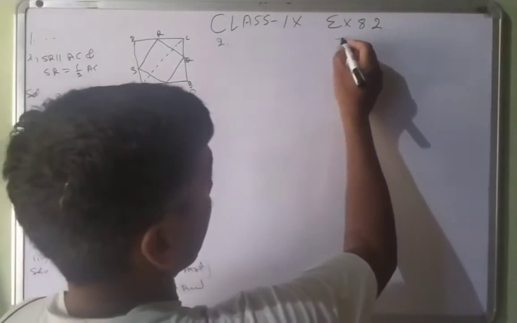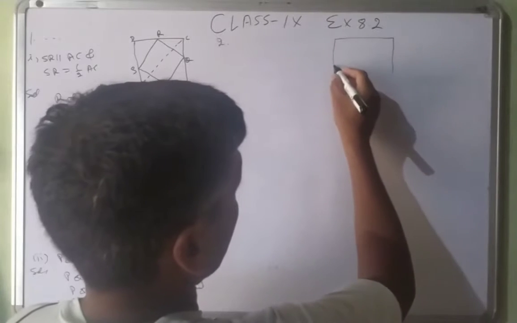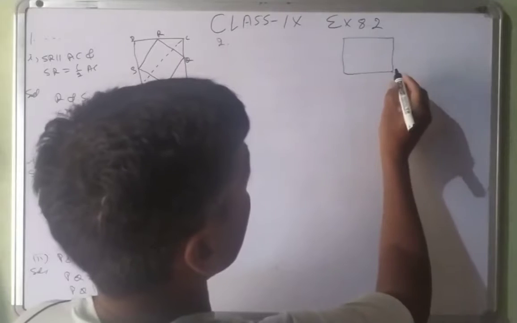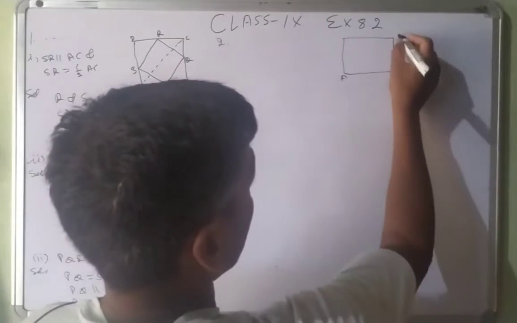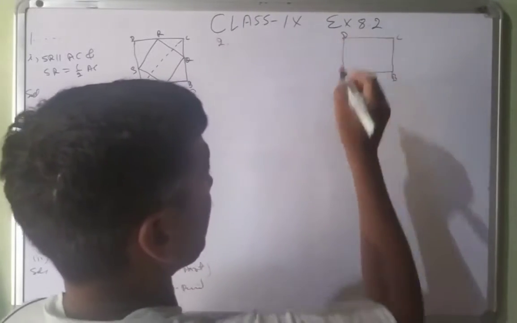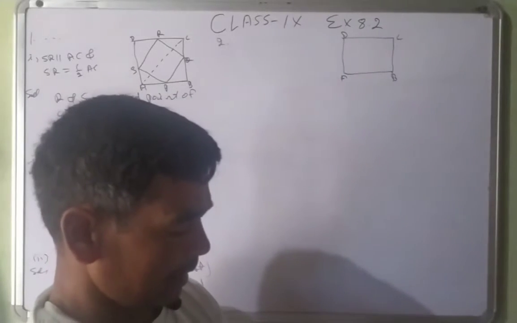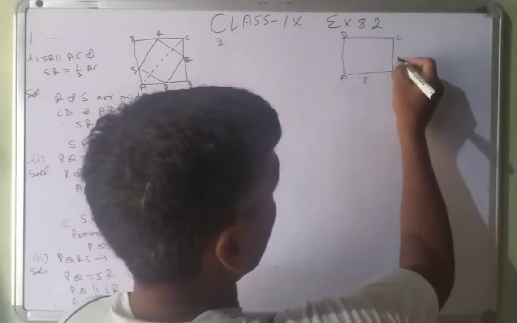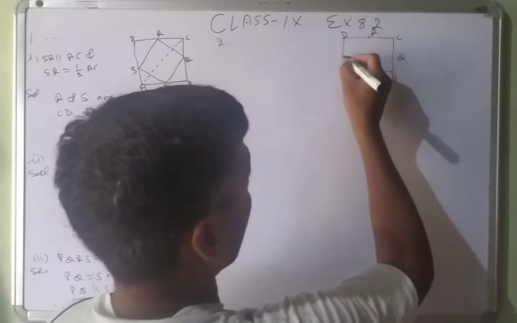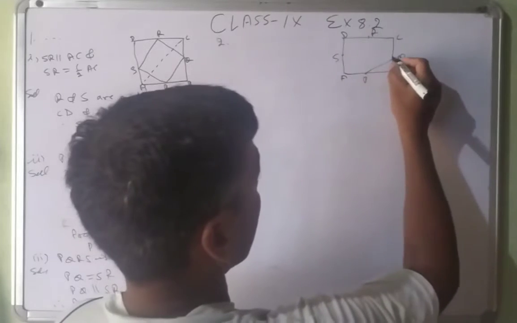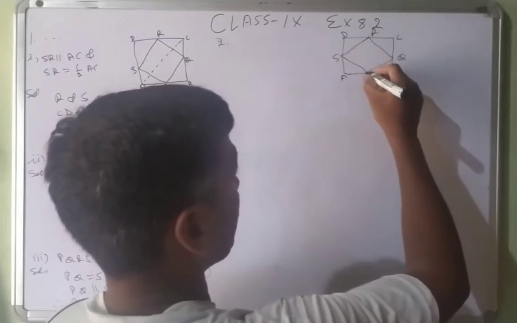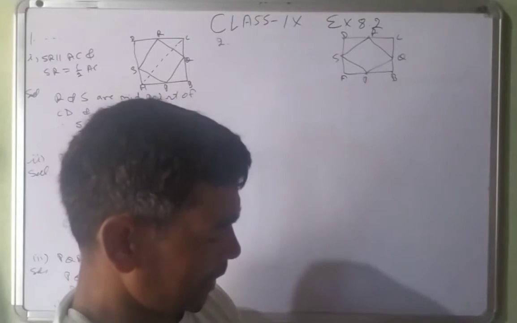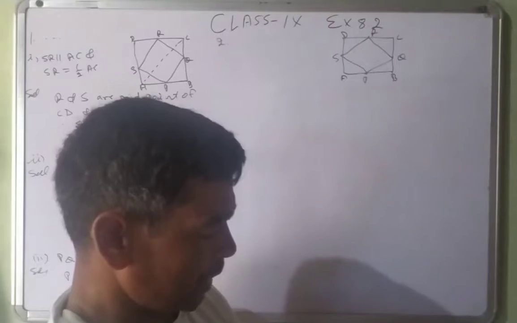Second question: ABCD is a rhombus. So first of all we will draw the rhombus. Rhombus means, as everybody knows, all sides are equal. This is the rhombus A, B, C, D, and P, Q, R, S are the midpoints of AB, BC, CD and DA respectively, so that will be joined also.